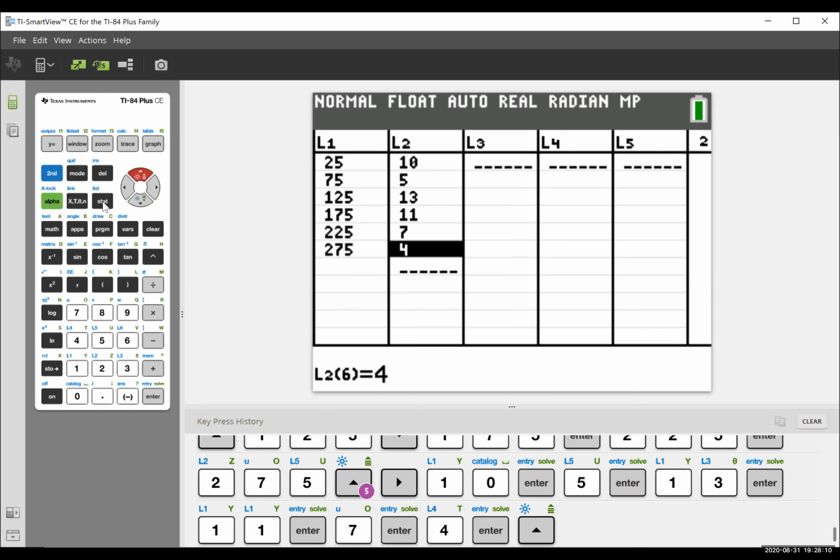So again, don't forget that this is your x, the class midpoint, and this is your frequency f. So start, calc.